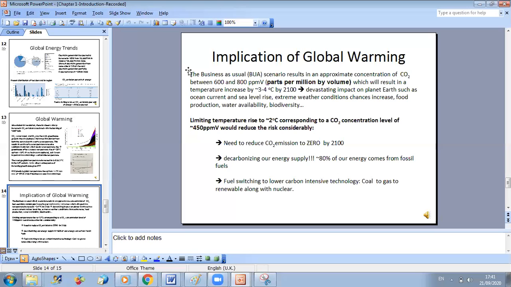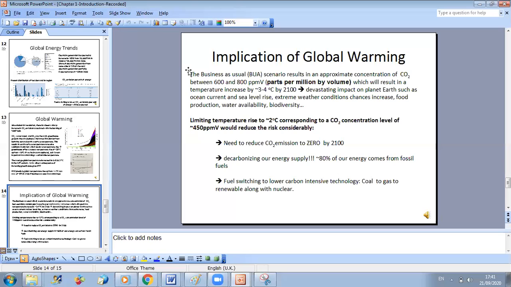So we need to start thinking about the strategies we need in order to reduce CO2 emission, and if possible cancel it, and how we can decarbonize our air, or how we can reduce the emission of CO2 in combustion.